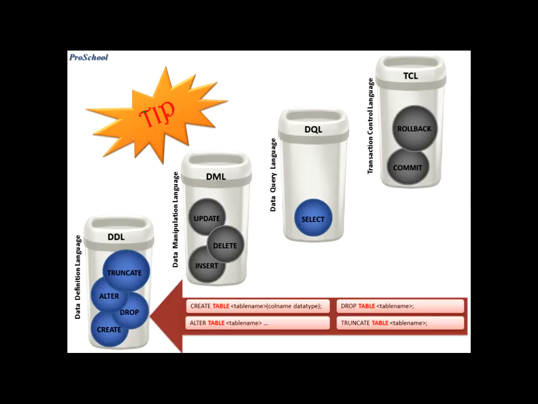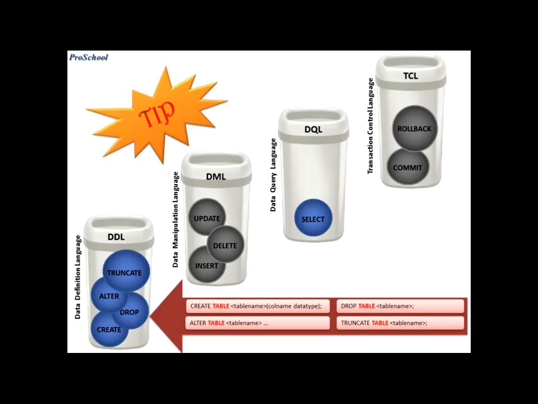Whenever any command is using the keyword table while performing any action, that is nothing but DDL. You are playing with the structure of the table. You are either creating, removing the whole structure, or altering that structure. At that time you are providing the table keyword.